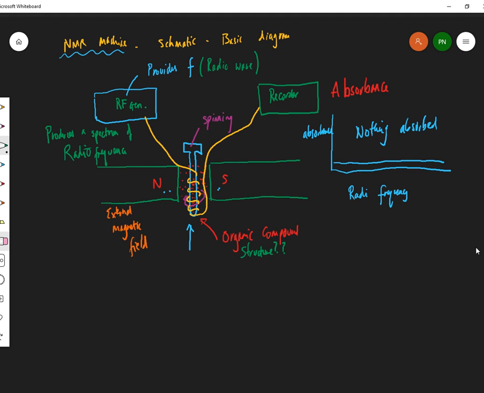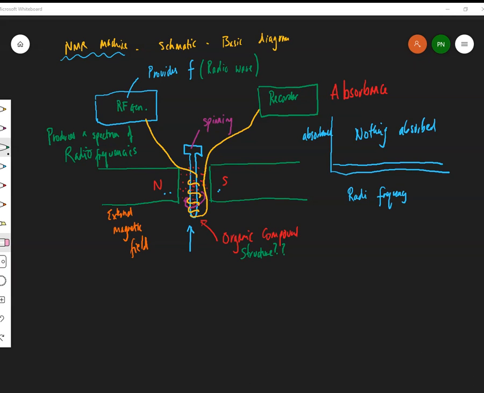It goes through a whole band. All right, and there's countless billions of radio frequencies, and it scans them all. So this scans the radio frequencies. They go in here. The sample absorbs, and the recorder records what is absorbed. And this is our external magnetic field. Now, you probably won't understand this diagram until we do a little bit more. But are we okay with that kind of?